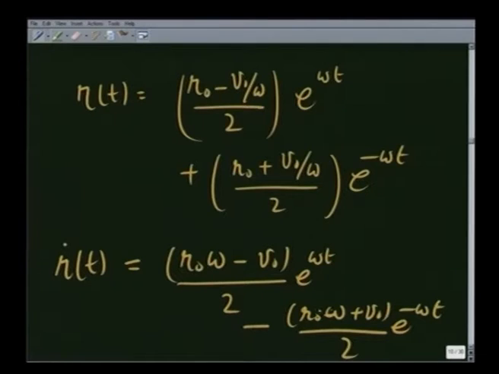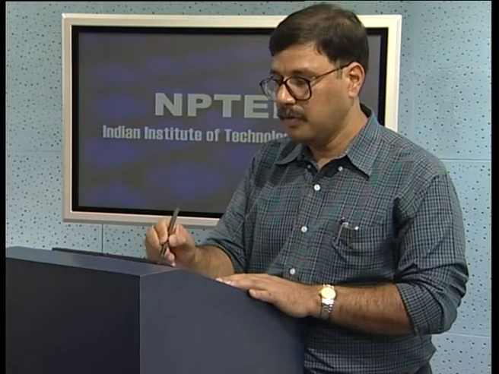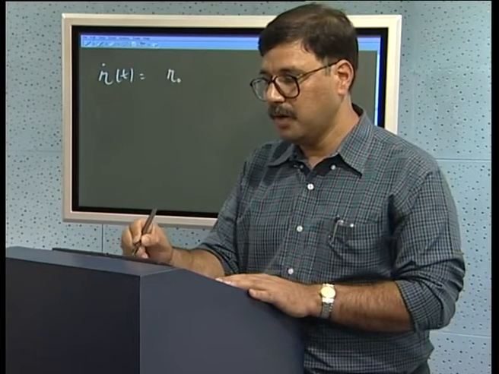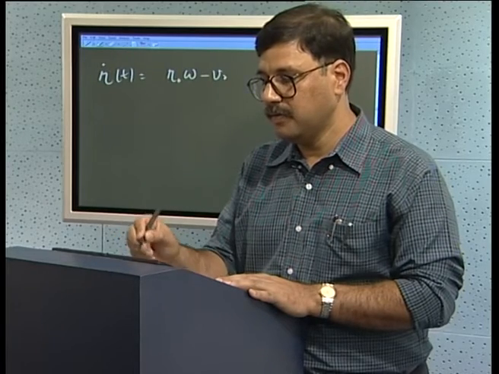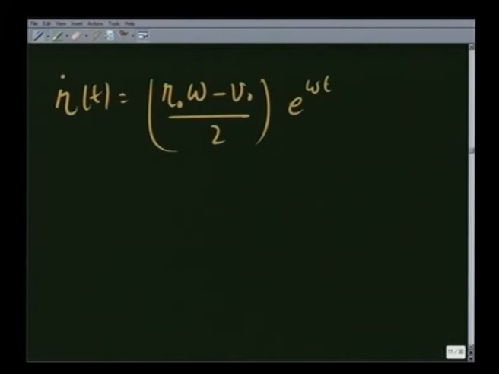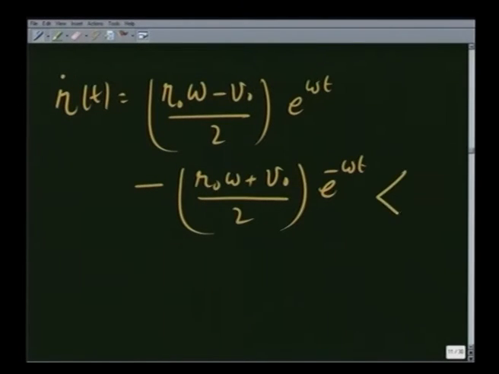This term is already negative, and if I want the velocity to remain negative, that means I want r dot t, which is equal to r 0 omega minus v 0 over 2 e raised to omega t minus r 0 omega plus v 0 divided by 2 e raised to minus omega t, less than 0.